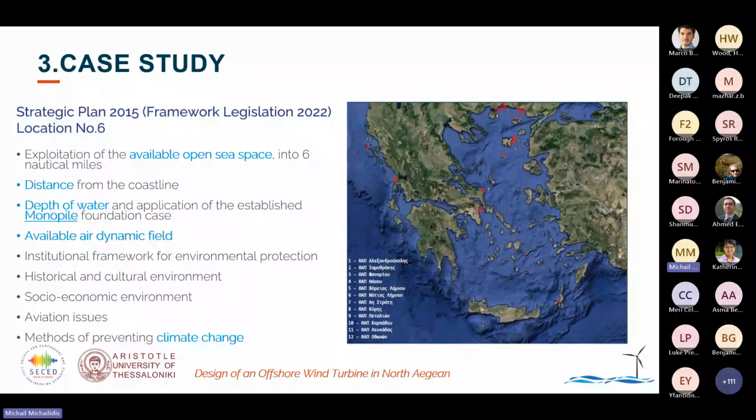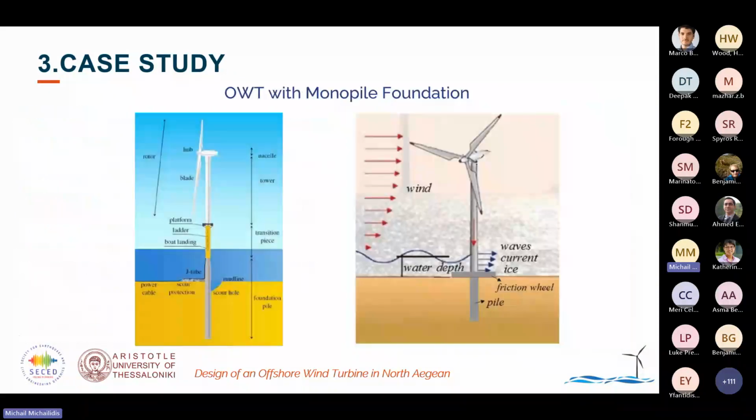Another restraint was the distance from the shore, which had a maximum distance of 6 nautical miles, and so we should reach shallow waters. The available aerodynamic field for these locations, and of course more environmental, historical, and climate change criteria can be found later in the recorded video.